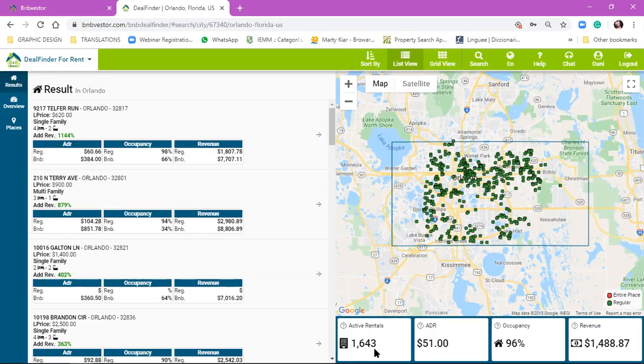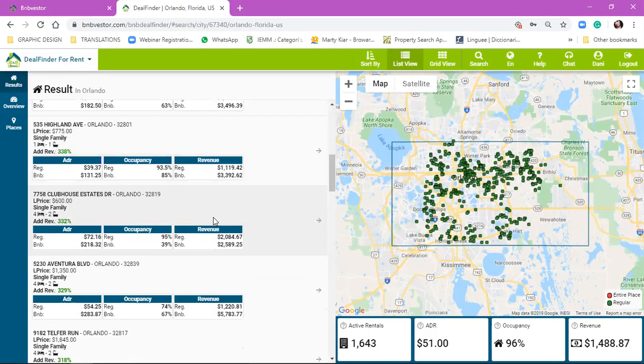And their occupancy is not going to be lower than 95%, because we're calculating a regular rental based on 30 days, since they actually sign a lease. So then we have a revenue of 1,488. Remember, regular rentals. Now I'm going to scroll down. I want to show you an example.